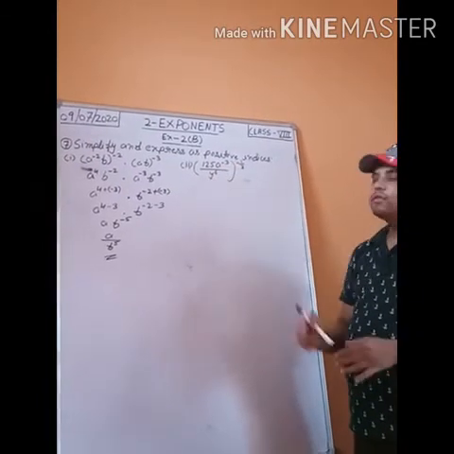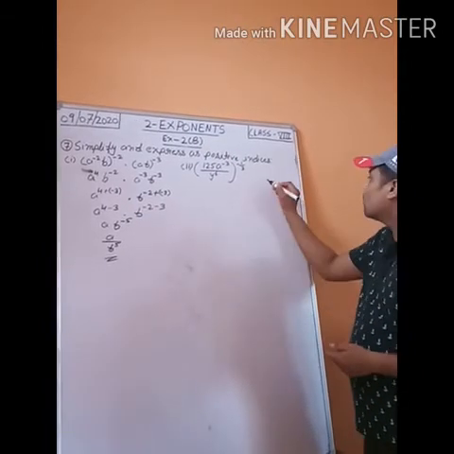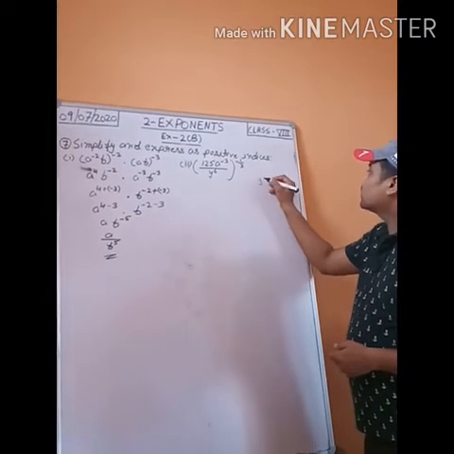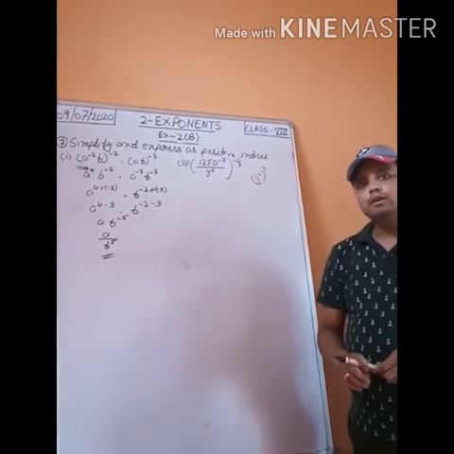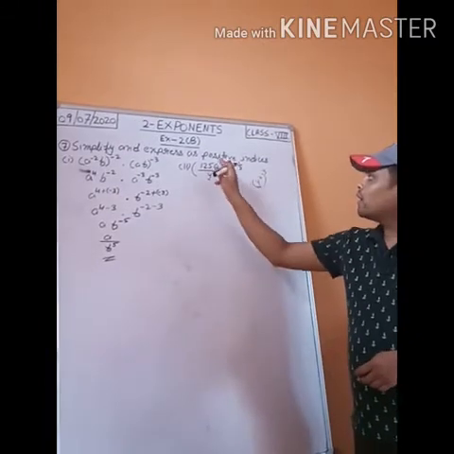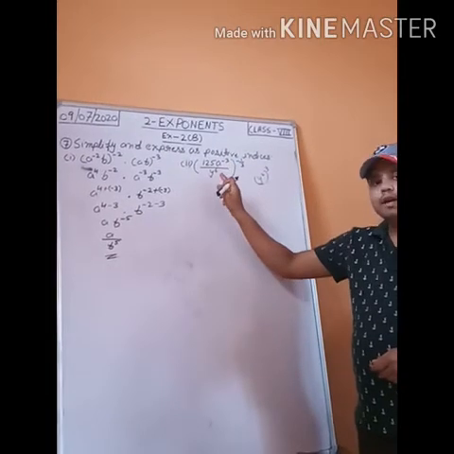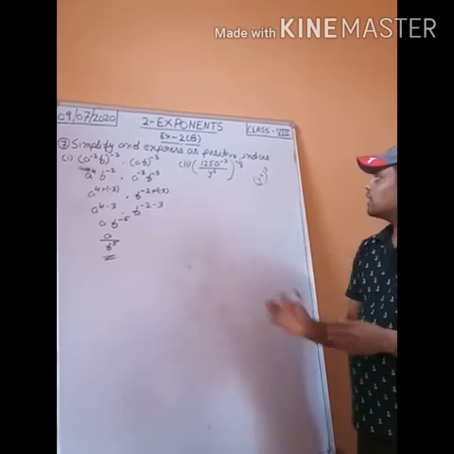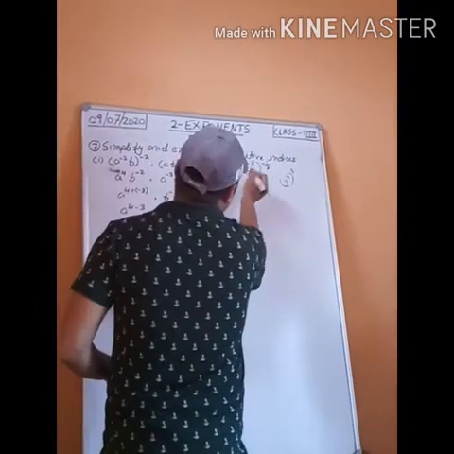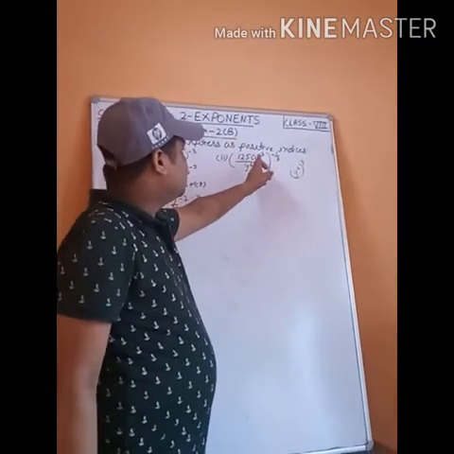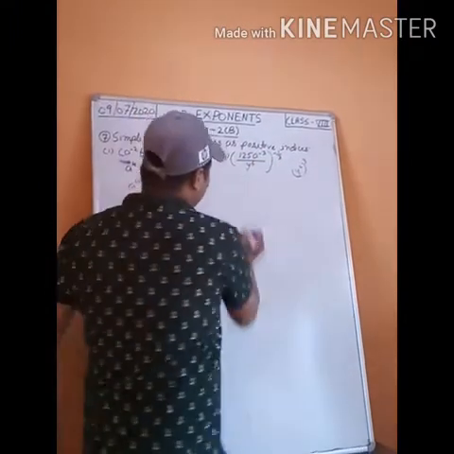Then y raised to the power 6, this also we can write as power 3. See how? y raised to the power 2, then power 3 means y raised to the power 6. So all the numbers or variables we can write as power 3.